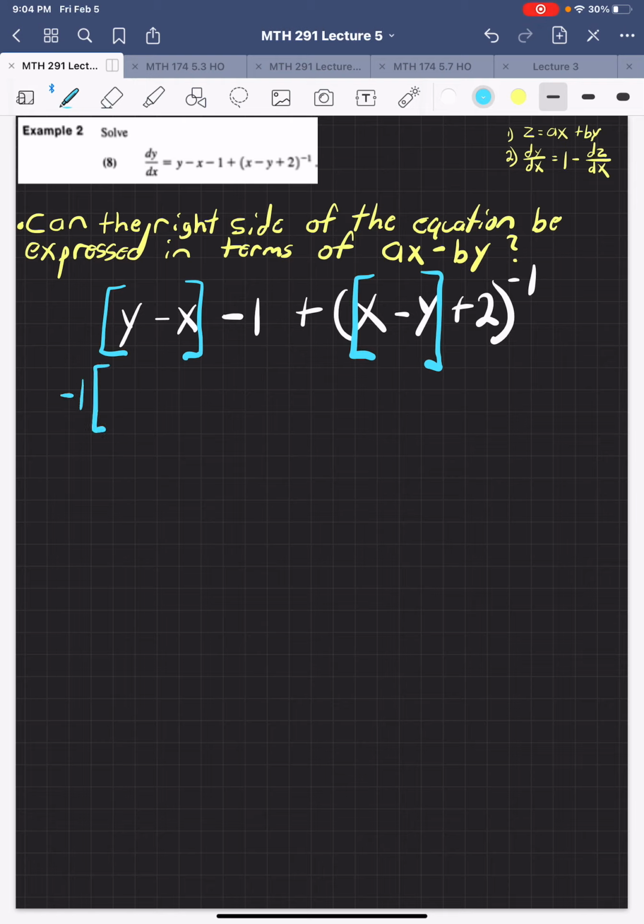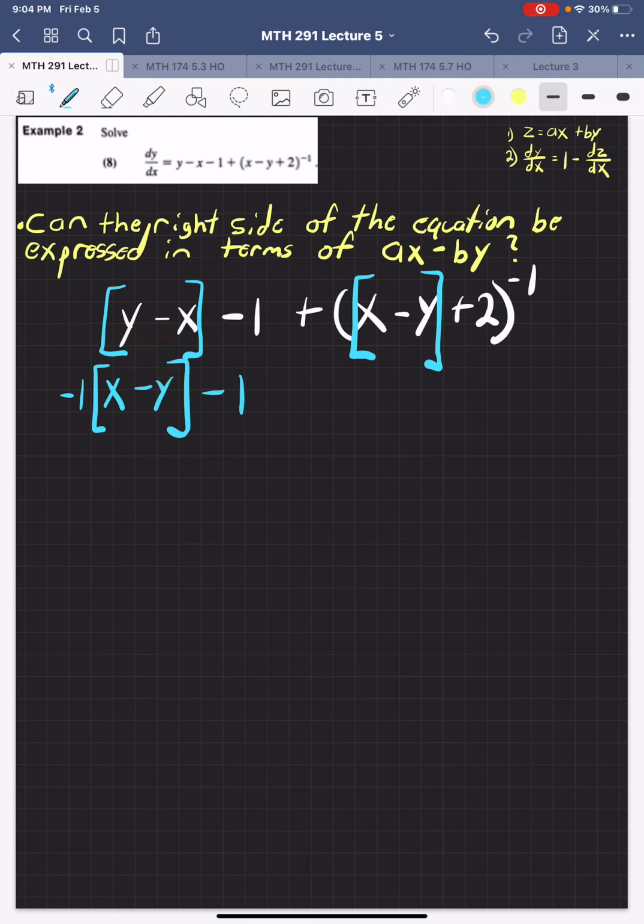And now I'm going to write it as x minus y, so that this x minus y looks like this x minus y. But you see what I'm doing. If you factor out a negative 1, the x turns positive, the y turns negative. I just rearranged them so it looks like this.